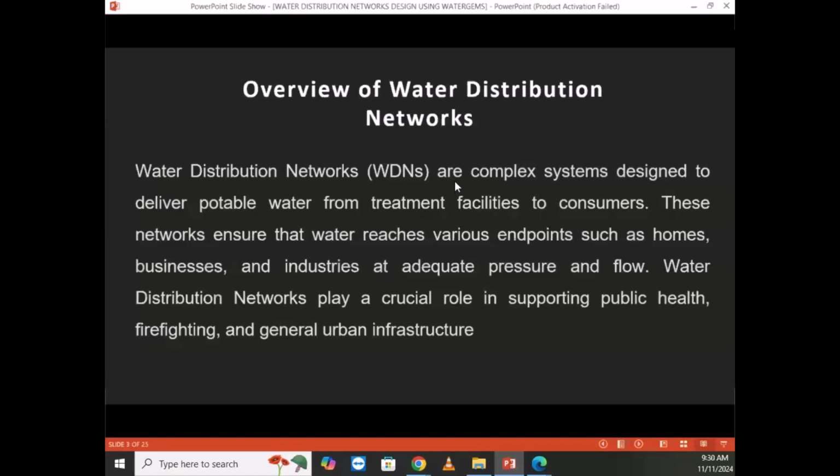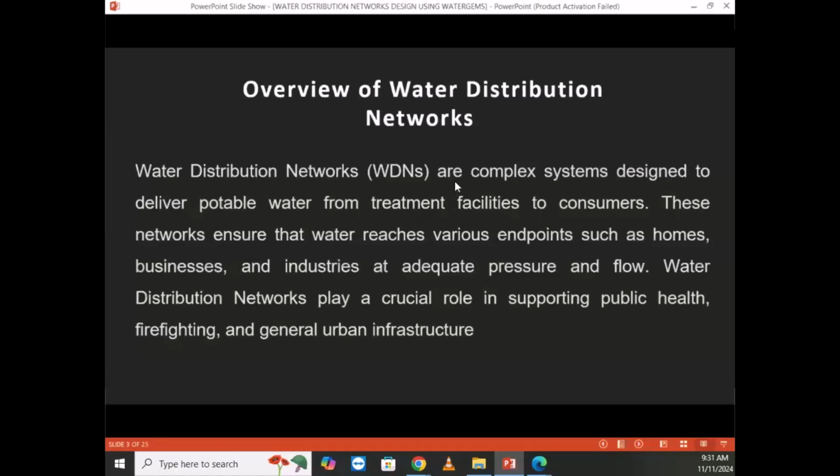That complex system has many components, but all of those components are doing the job or duty of transmitting water from the source to the end use. That's a water distribution system.